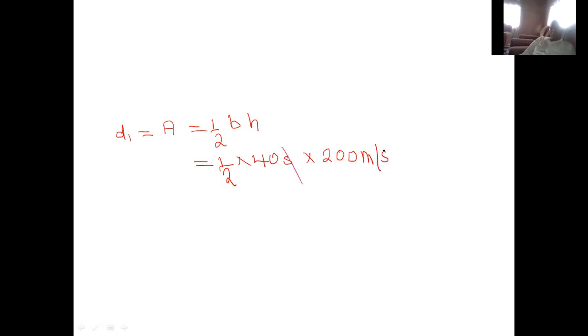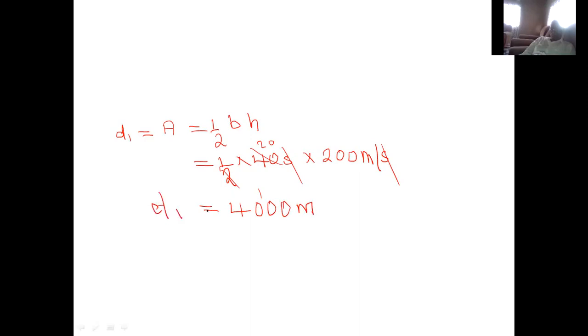This second will cancel that second, and we can say 2 here, 1, and 2 into 40 is 20. And if you multiply 20 by 200, it gives us 4,000 meters.